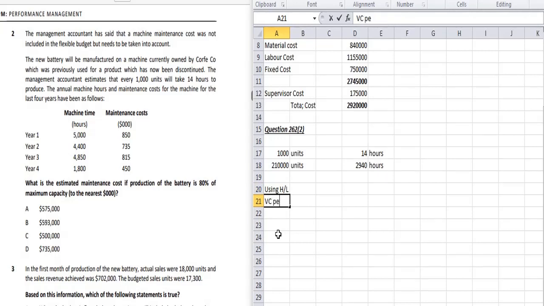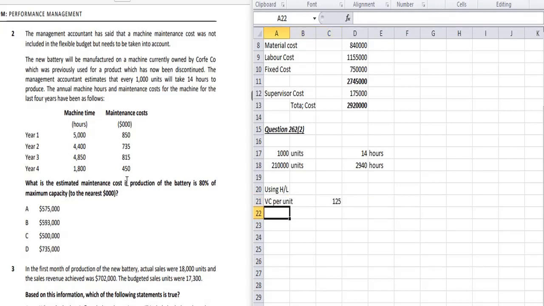to find the variable cost per unit, what is the cost at the high level of activity? The high level of activity is 5,000, so the cost is 850,000. The low level of activity is 1800, and the respective cost is 450,000. So we divide the difference in cost by the difference in machine hours, which is 5,000 minus 1800, and we will get the variable cost per hour.